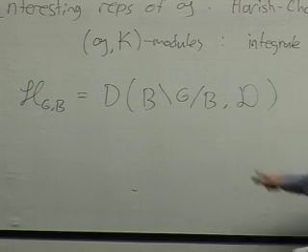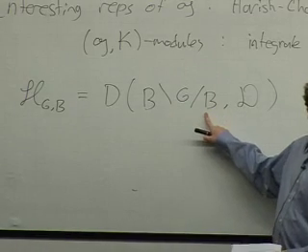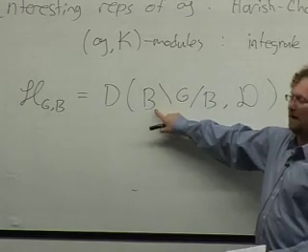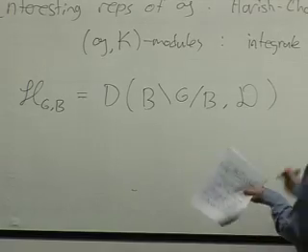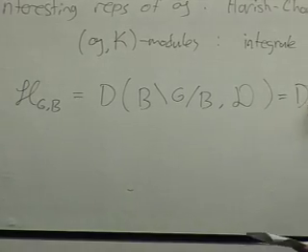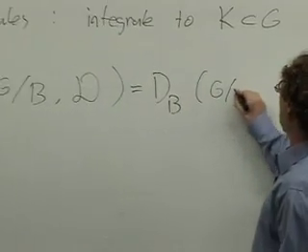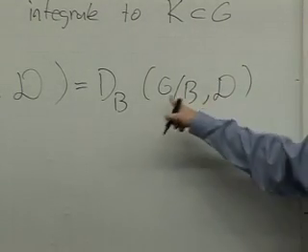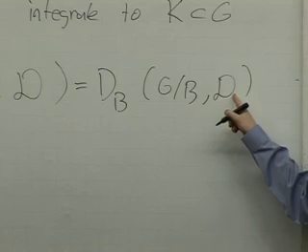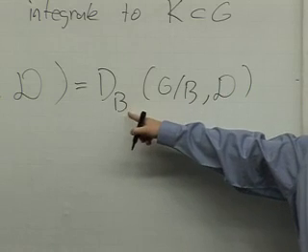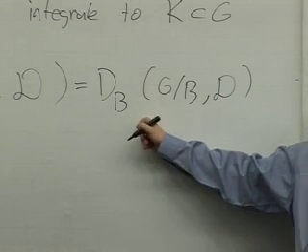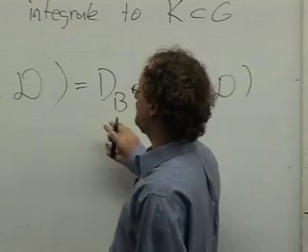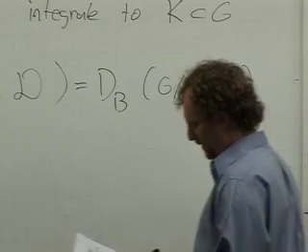These are D modules on G mod B, which are equivariant for B. They're D modules on the flag variety. So in other words, they're representations of the Lie algebra with integrability to the group B.